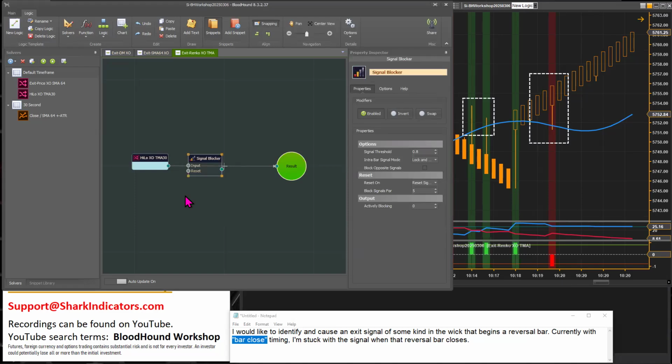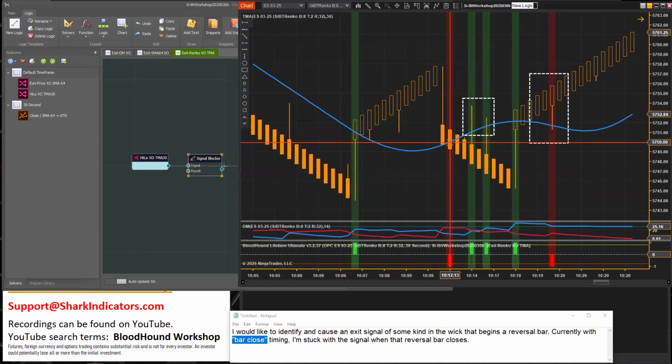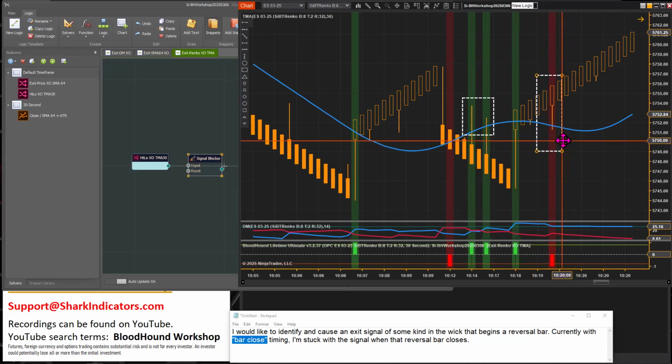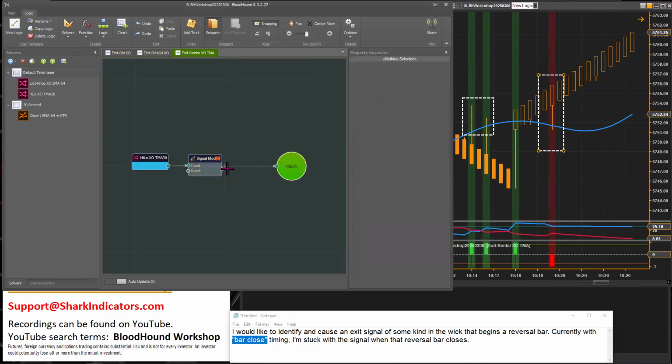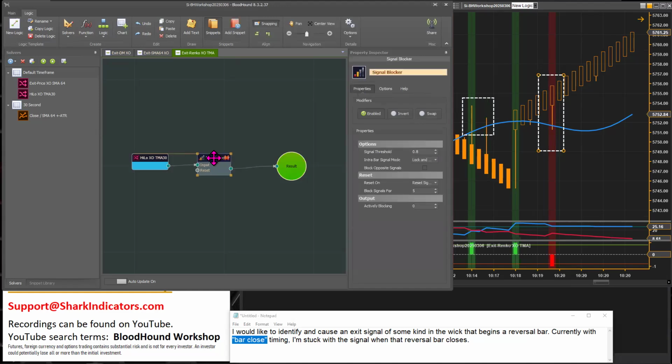So what Vaughn's getting at is, when we do get this crossover, to essentially block or eliminate these early exit signals, like the ones I have circled here. Let's connect that in.